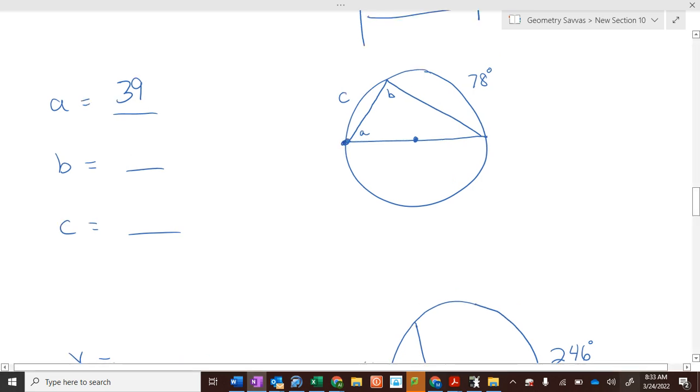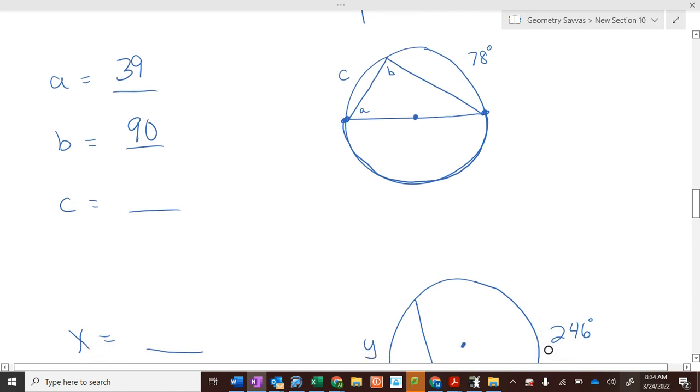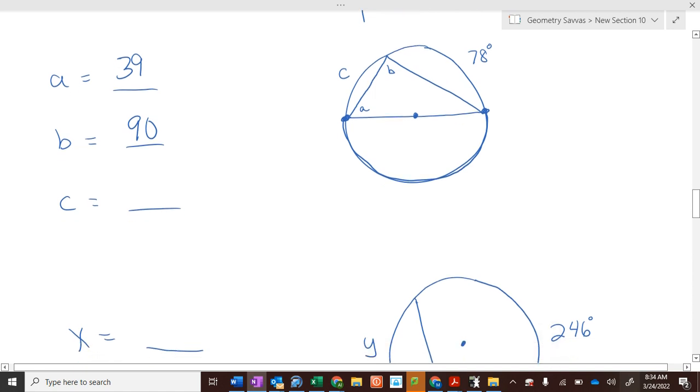Well, how much of the circle is this? 180. It cuts off half of a circle, right? It cuts off 180. If it cuts off 180, it's half the 180, which makes it 90. C, and this isn't drawn to scale here. I should have the numbers switch around, but what's left for C? 102.